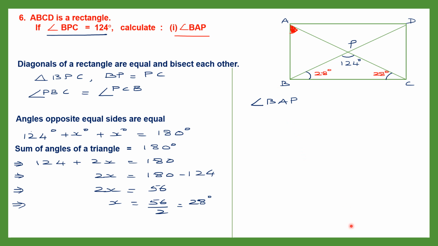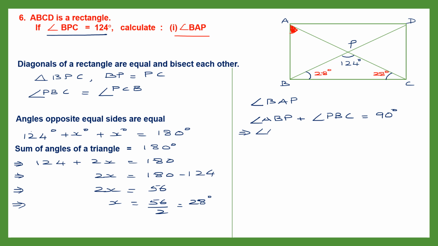Okay, so let's do that. If we have to find angle ABP, then we have to know that angle ABP plus angle PBC will be equal to 90 degrees. Now angle ABP we don't know.